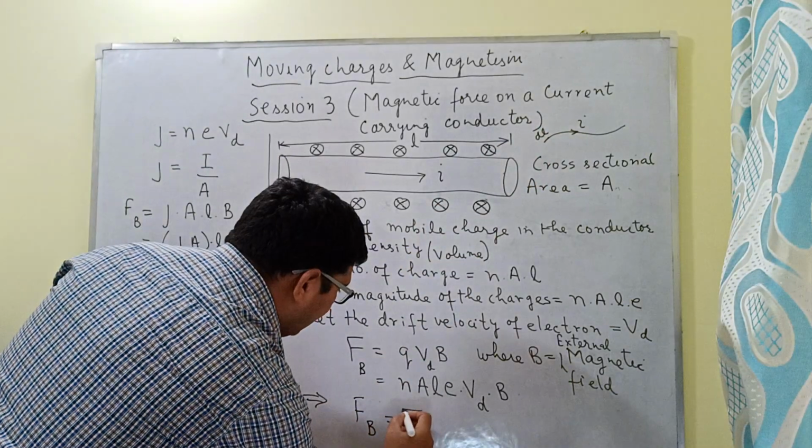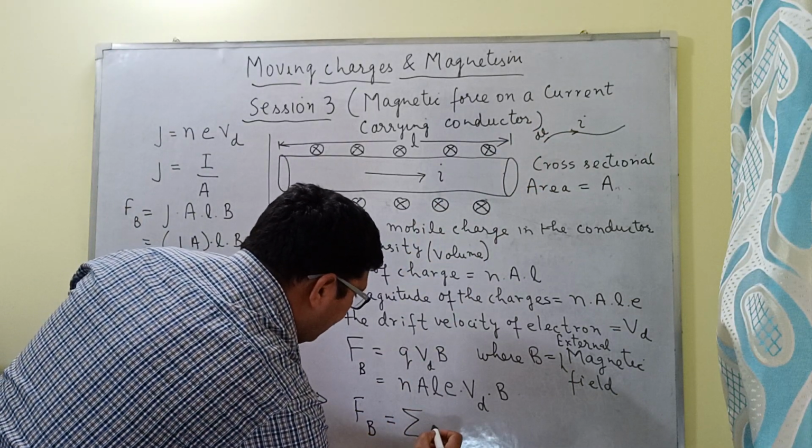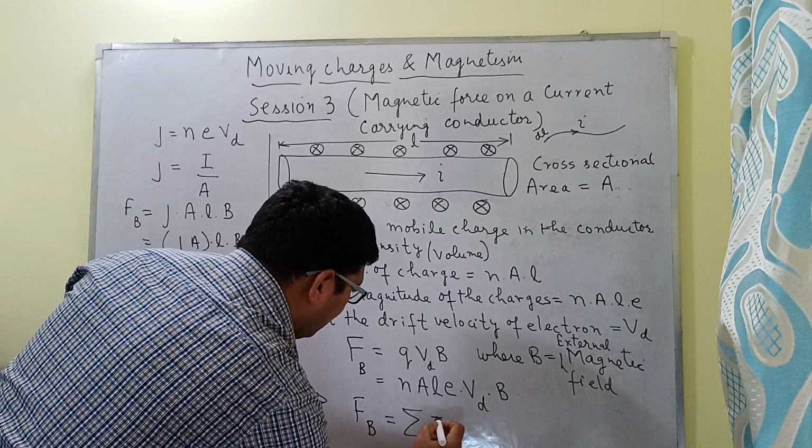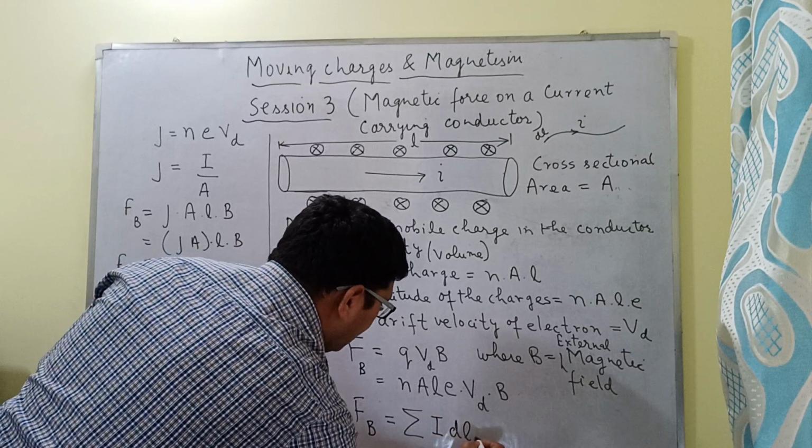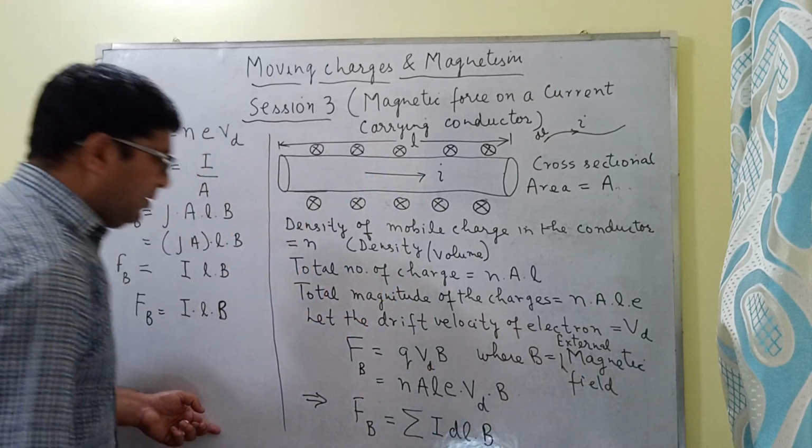That is, we can write it down here as sigma I dl cross B.